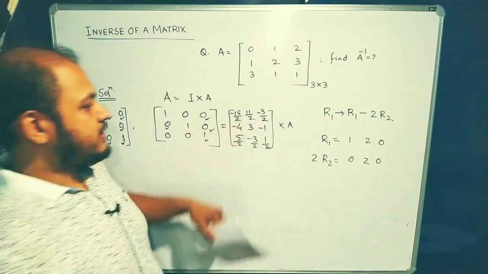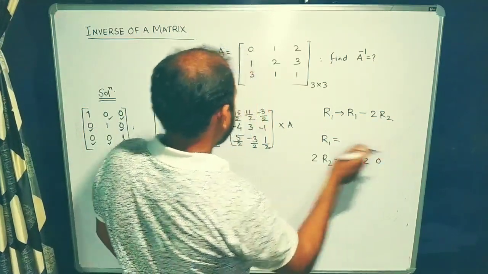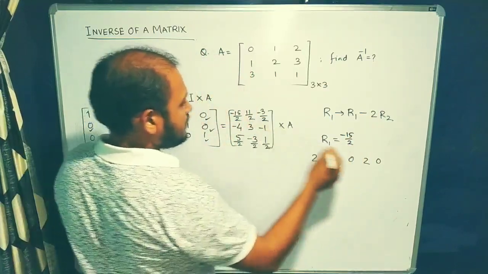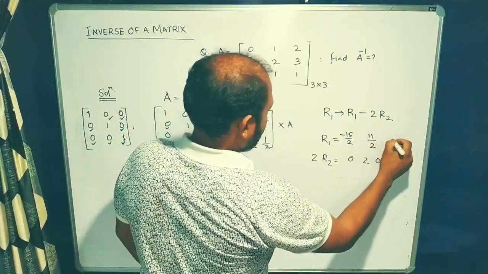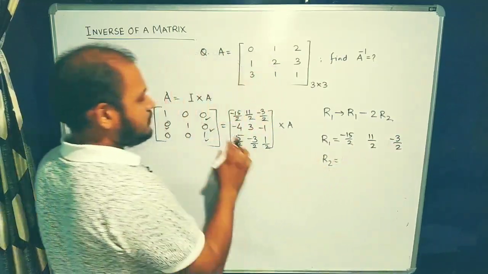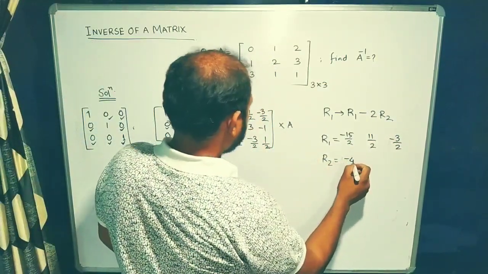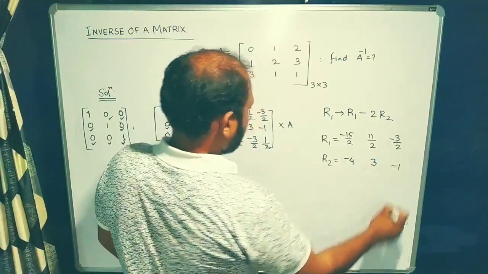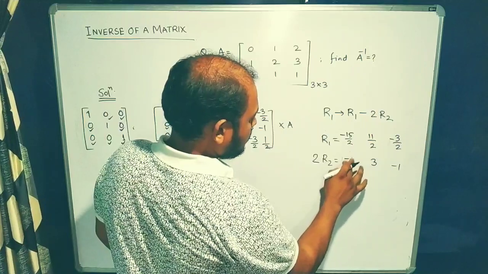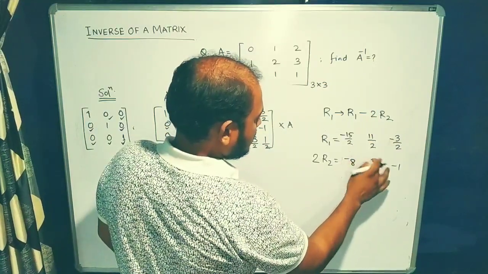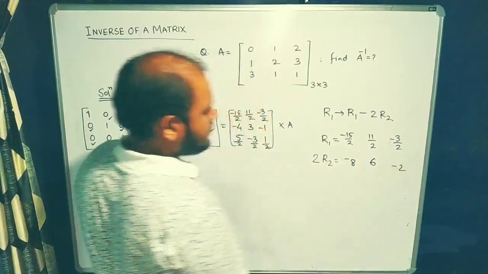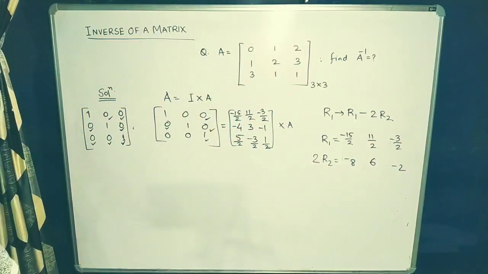And on the right hand side we have R1 is equal to minus 15 by 2, then we have 11 by 2 and then minus 3 by 2, and R2 is minus 4, 3, minus 1. So 2 times the second row, minus 8, 6 and minus 2, right?